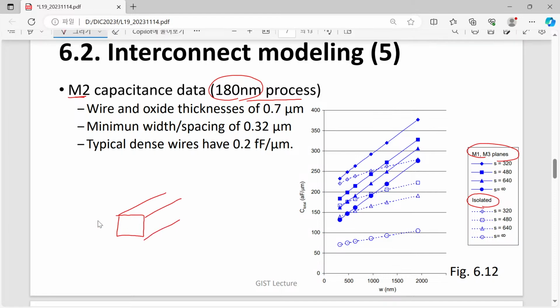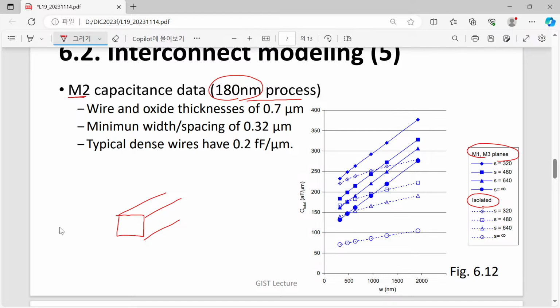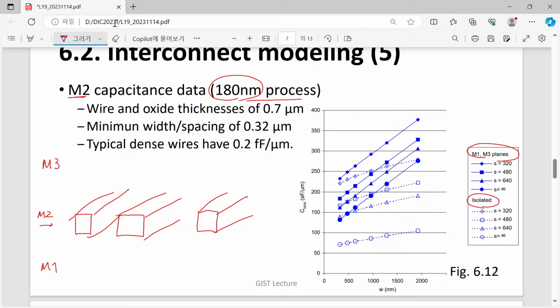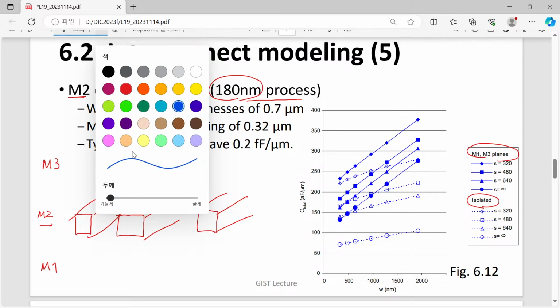Of course, for this M2 level we have certain neighboring wires. However, in the case of the isolated case, we don't have any wires at the M3 and M1 level. Then what does it mean? These empty symbols just show the capacitance originated from the horizontal coupling.